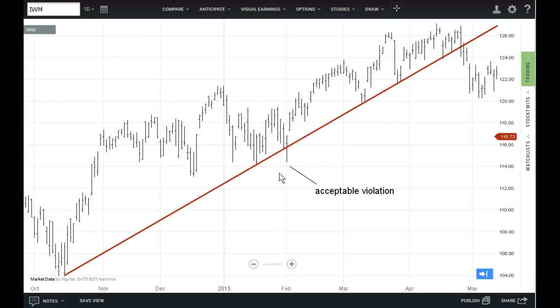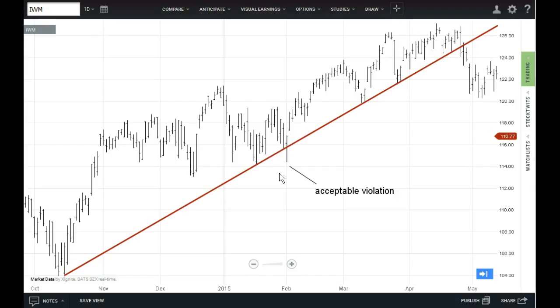So here we have the Russell 2000 ETF with an established trend line from December 2014. After a significant pullback, that's probably off to the left of this chart, it was soon overruled in January 2015 with the next dip.